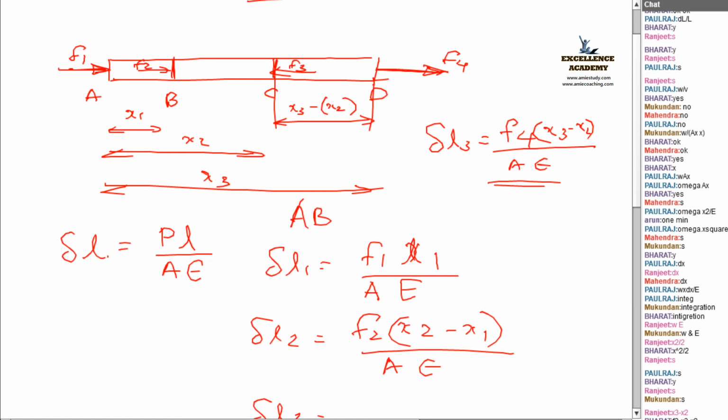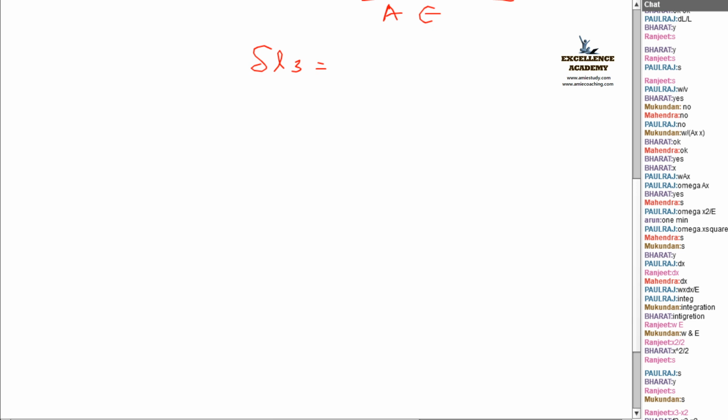Then what will be the total deformation? Total deformation will be the sum of all these. That is delta L is equal to delta L1 plus delta L2 plus delta L3, and so on.